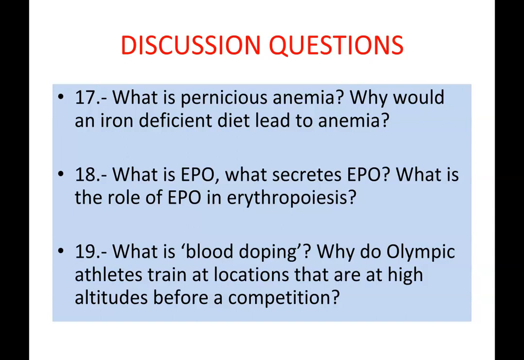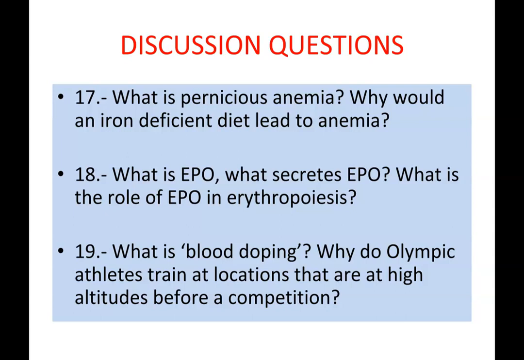Pernicious anemia, we haven't really talked about it. Pernicious anemia is a problem with vitamin B, the inability of the patient to absorb vitamin B. Pernicious anemia leads to anemia because the patient doesn't have vitamin B to make hemoglobin.